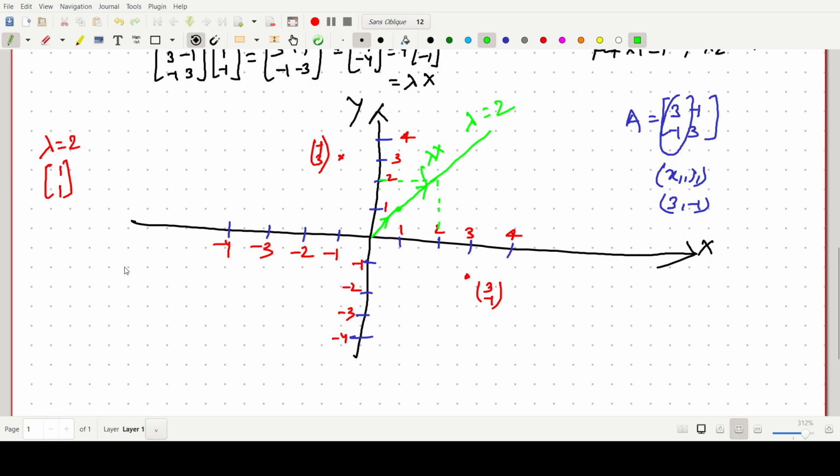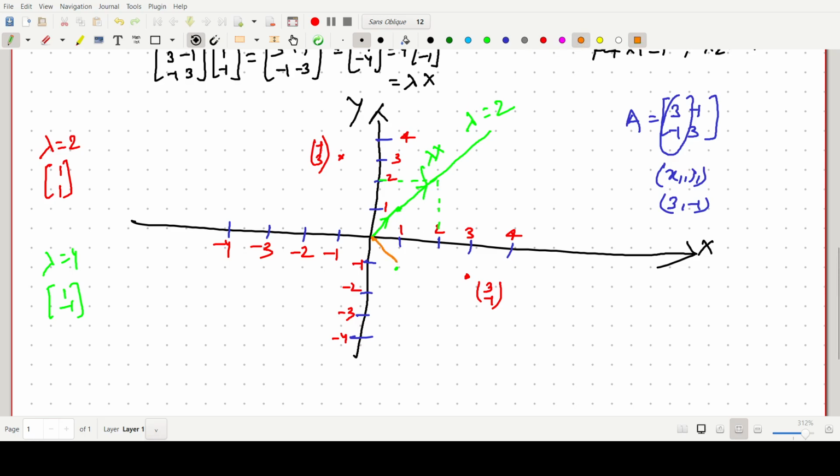Now for lambda equals 4, the eigenvector is 1 and minus 1. I am taking a different color.